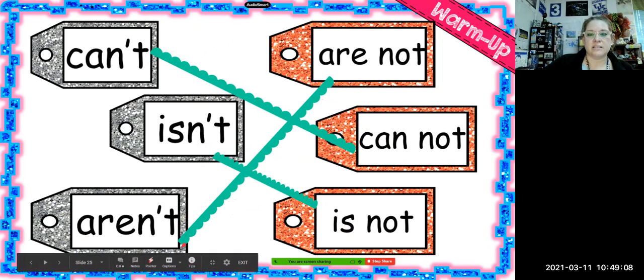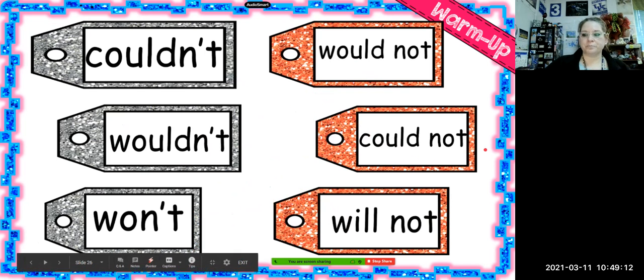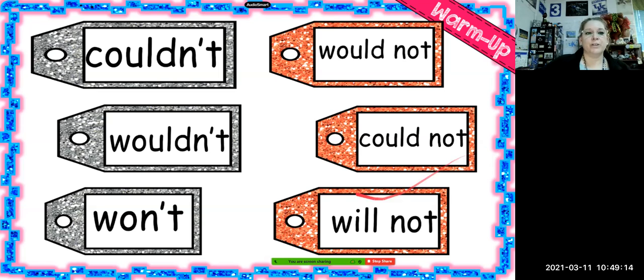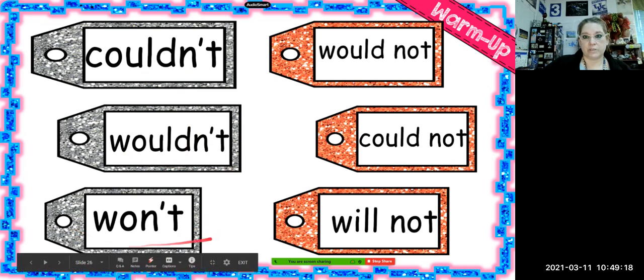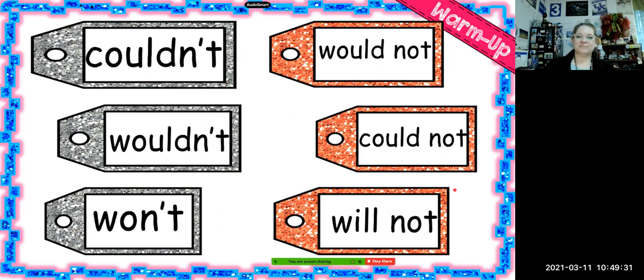And aren't is a contraction for are not. Let's do three more. We have couldn't, wouldn't, won't. And the three word pair choices are would not, could not, will not. This one's got a tricky one in it.